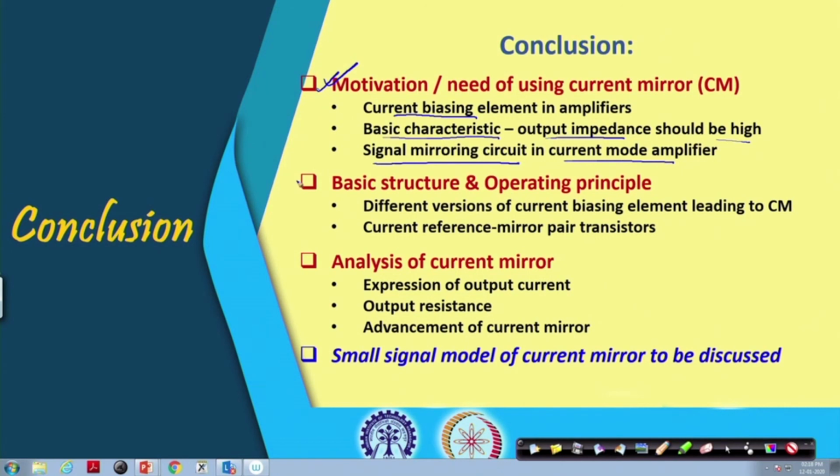Then we talked about the basic structure of the current mirror, and to get the basic structure we discussed various versions of current biasing elements, namely simple resistor and then leading to active device, and then the final version, which is the current mirror. Structurally, the current mirror has a current reference followed by a mirror pair transistor.